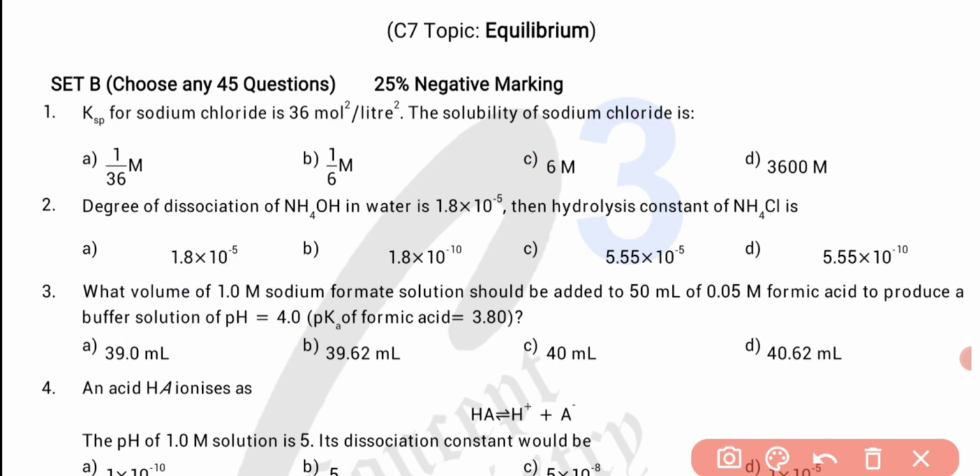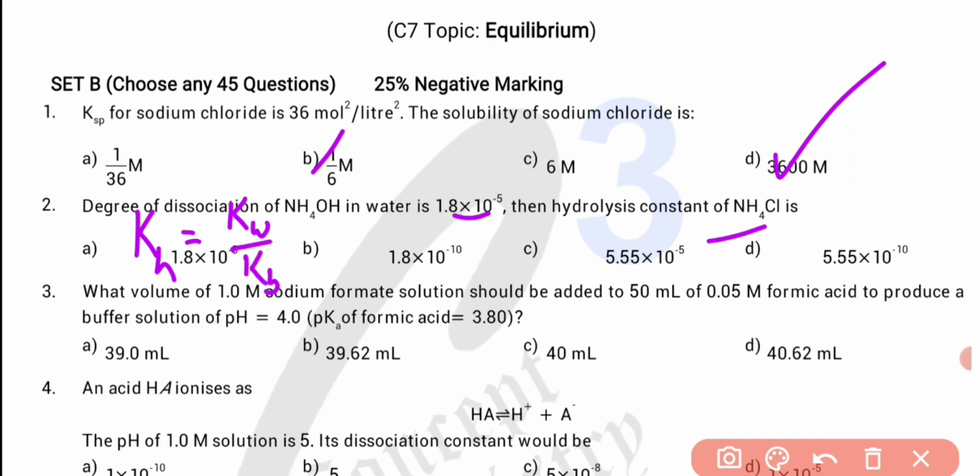Okay, let us move to the second question. The degree of dissociation of ammonium hydroxide in water is 1.8 into 10 power minus 5. Then what is the hydrolysis constant? For this, we need to know the relation between KH, the hydrolysis constant for the ammonium chloride salt, which produces ammonium hydroxide and HCl. The relation between KH and KB is KW divided by KB.